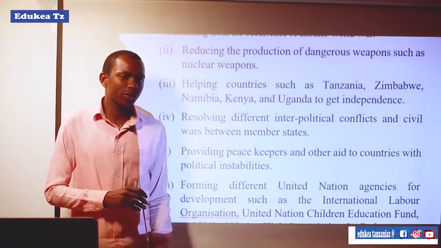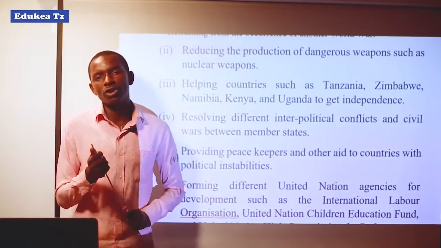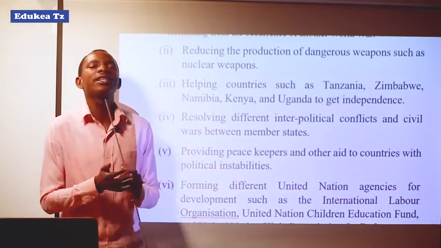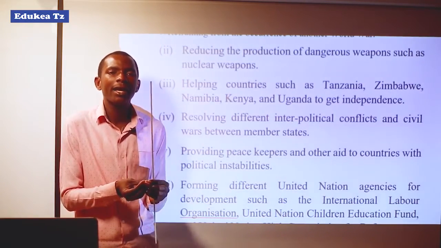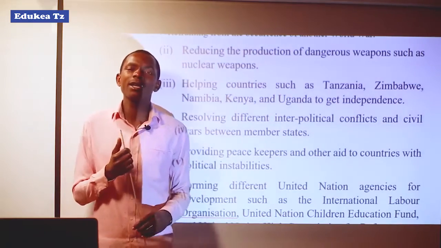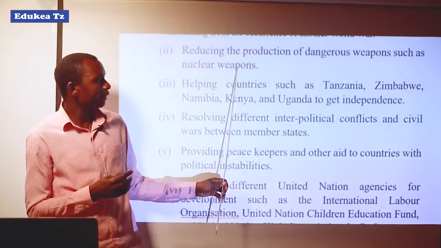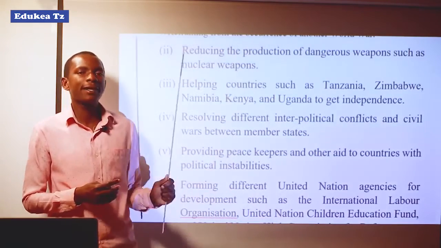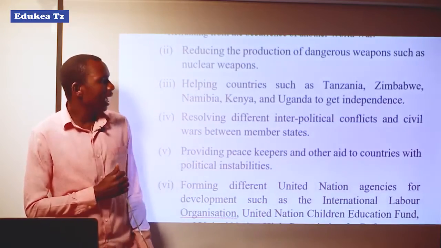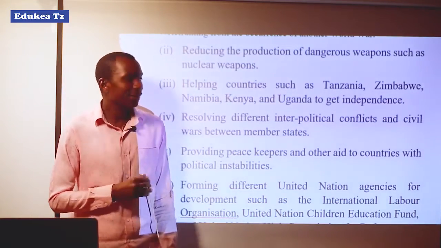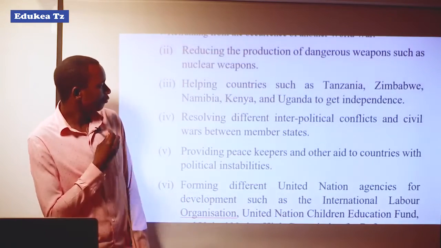Their aim was to reduce the production of dangerous weapons all over the world, and they have succeeded. That's why every nation was forced to reduce producing several dangerous weapons.